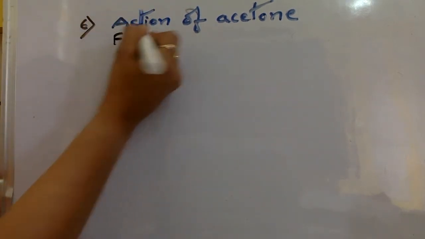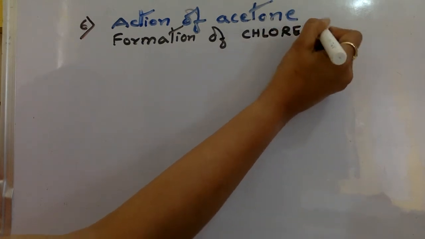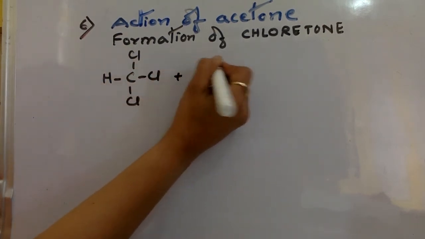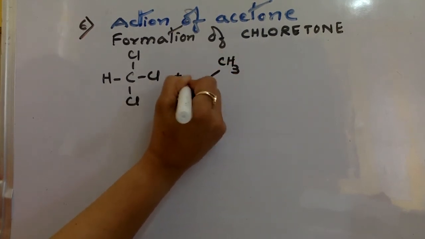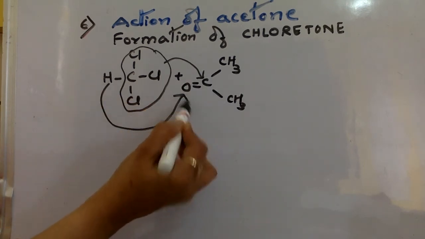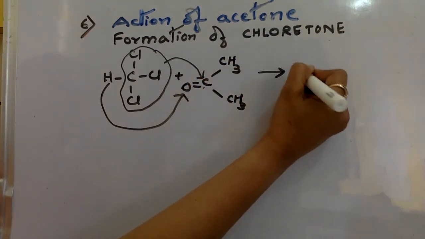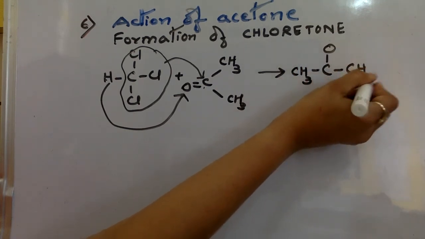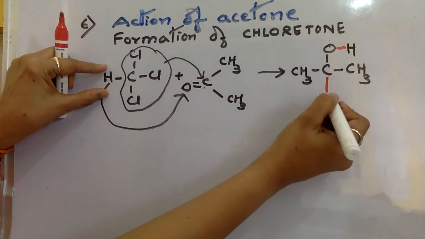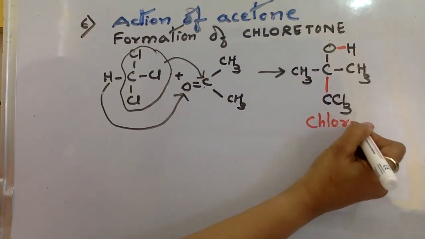Formation of chloretone. See students, this is chloroform plus this acetone. This whole group gets attached here and the H comes here: electropositive goes to electronegative and electronegative goes to electropositive. And we get CH3 CO, which I have written as acetone. One pi bond breaks and two sigma bonds form, one sigma bond with H on oxygen, and below it CCl3.